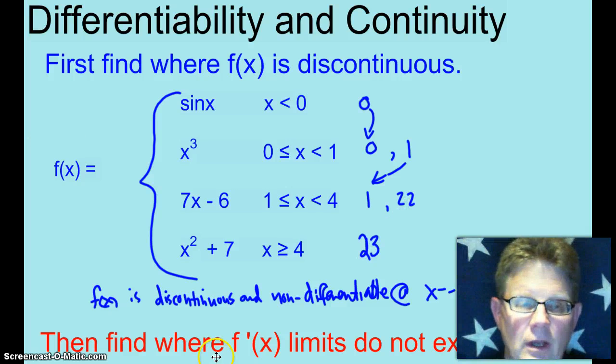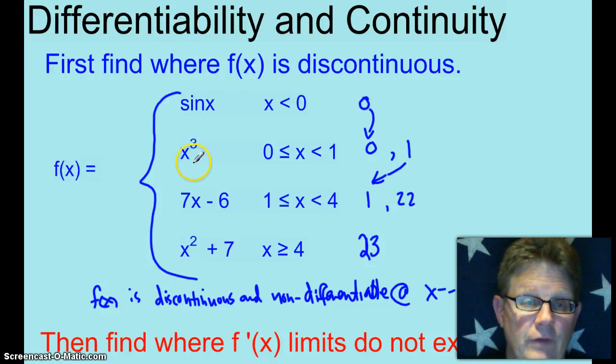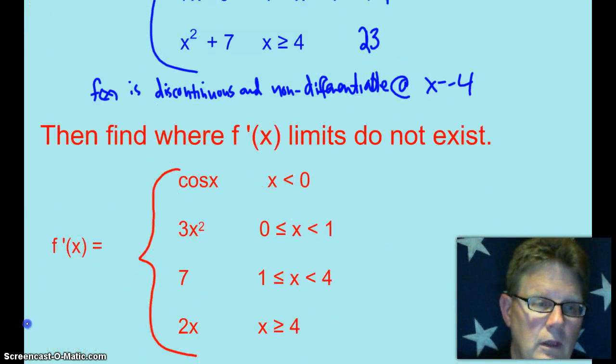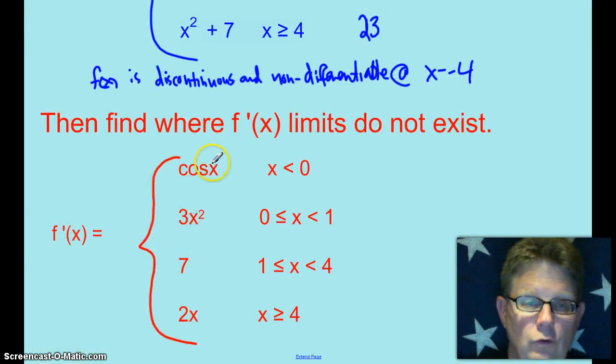Alright, now let's find out what f prime is. What is the derivative of sine x? What is the derivative of x cubed? What is the derivative of 7x minus 6? And what is the derivative of x squared plus 7? Okay, so the derivatives are here: cosine x, 3x squared, 7, and 2x.